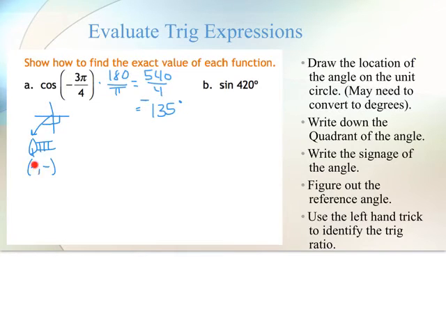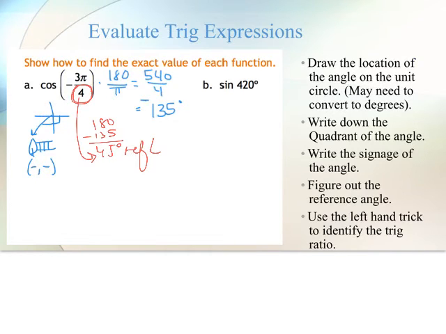So I know my answer is going to be a negative value. For my reference angle, you can subtract it from 180, and we get a reference angle of 45 degrees. Also, because the denominator is a 4, that also tells you it's 45 degrees as a shortcut.